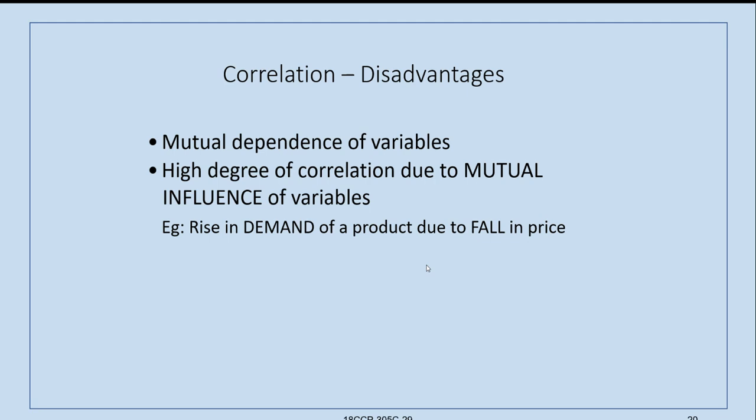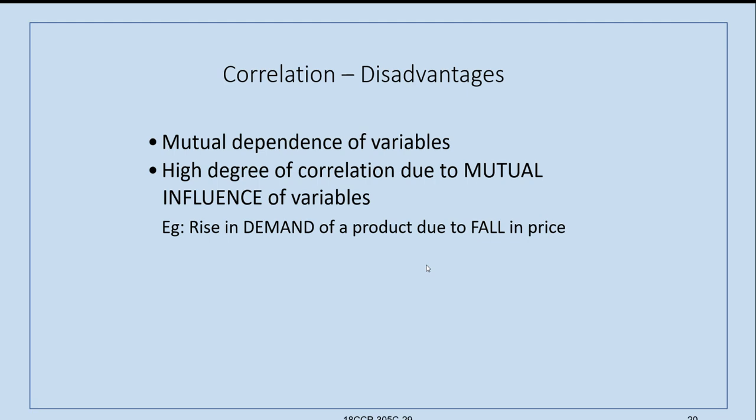High degree of correlation due to mutual influence. That means sometimes influence will be there. Your father will influence your thinking process. Your parents will influence your thinking process. Your friends will influence your thinking process.